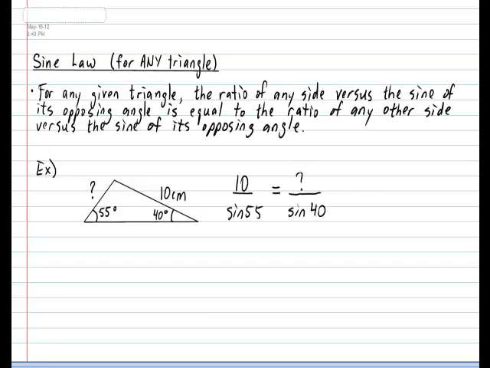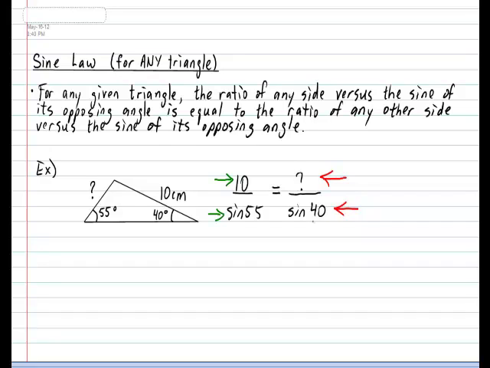The sine law states that any side of a triangle versus the sine of its opposing angle should be equal to any other side of the triangle versus the sine of its opposing angle. Once you have this relationship set up properly, all you have to do is cross multiply in order to find any missing value.